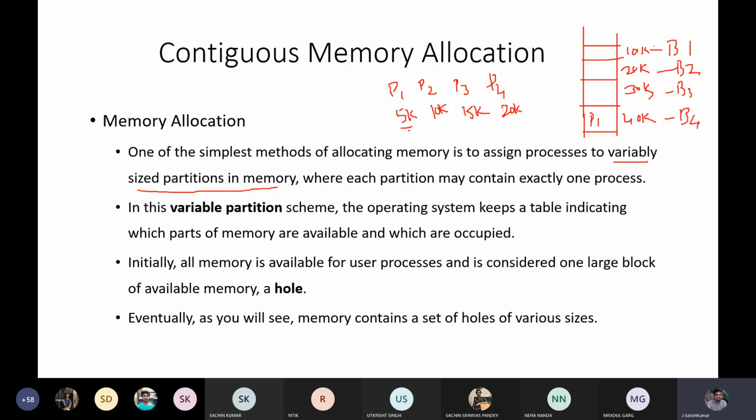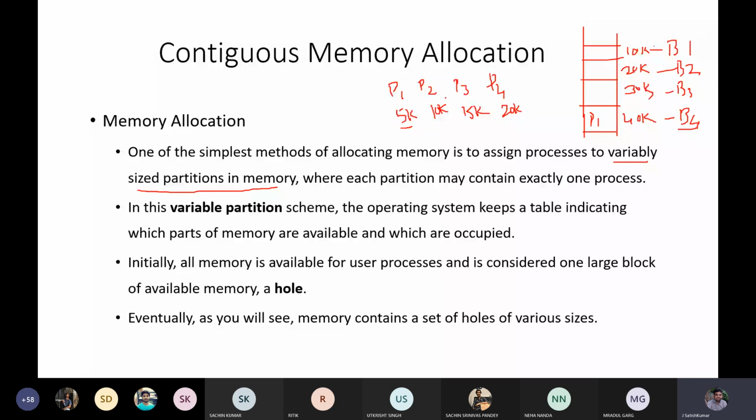Although it requires only 5 kilobytes, once block 4 is allocated to P1, no other process will come into that particular block.